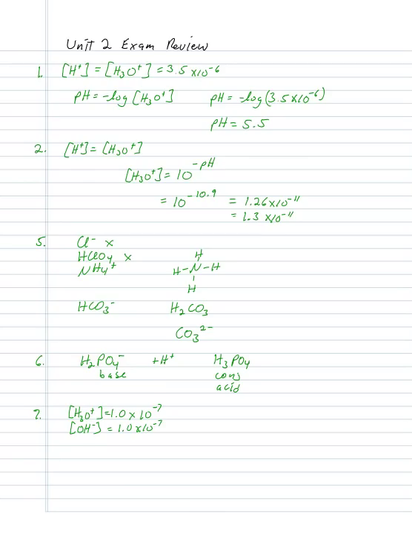Remember, pure water autoionizes by colliding, and you get an H3O plus ion and an OH minus ion, and those concentrations are equal in pure water. They both equal 1 times 10 to the minus 7. If we multiply those together, we get the value of Kw, which is 1 times 10 to the minus 14. Now remember, that's the value at 25 degrees Celsius, just like any equilibrium constant.